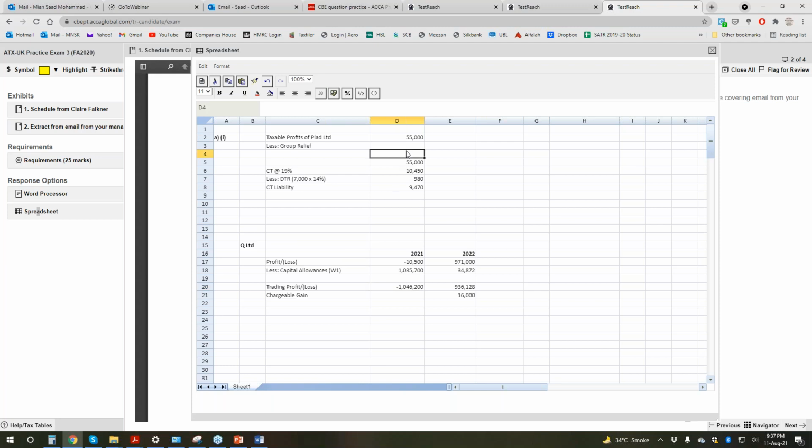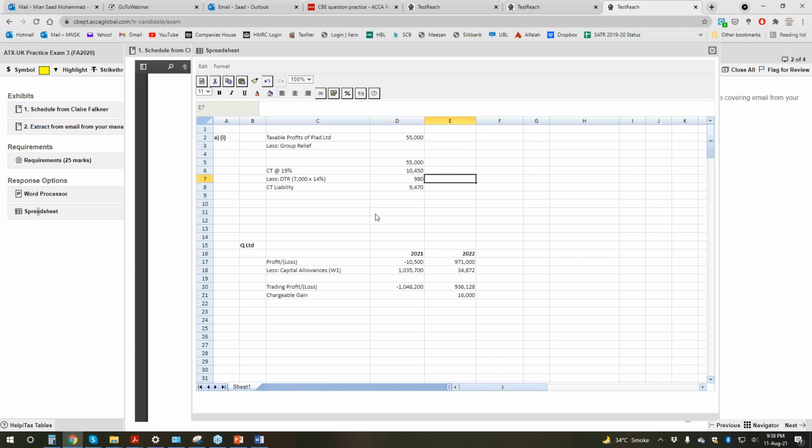Once Plant Limited is done, the company can then carry forward the losses to its own future profits. Now one thing you have to remember is that I have to save the profits equivalent to 980. So I have to check how much profit I can leave, on which when I apply 19% corporation tax, it becomes exactly 980.